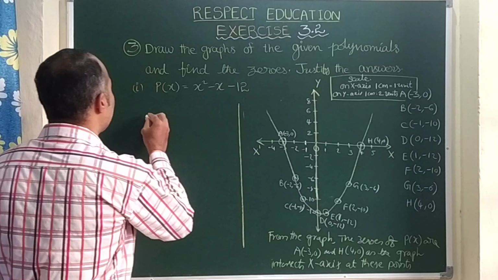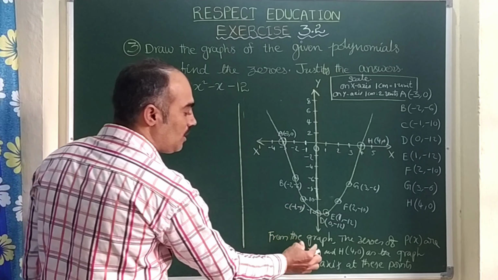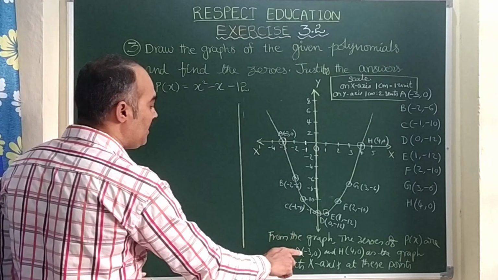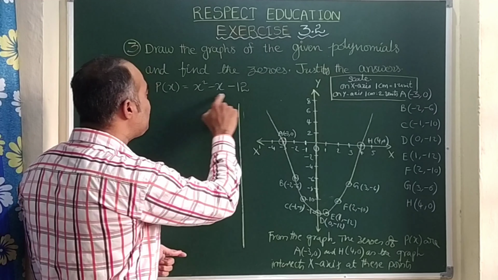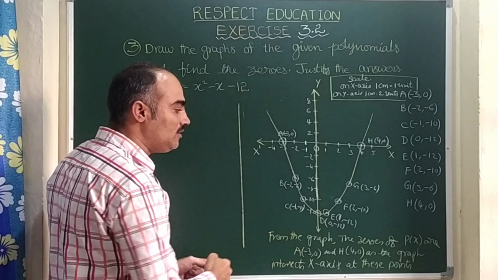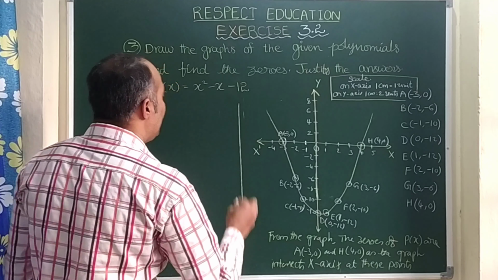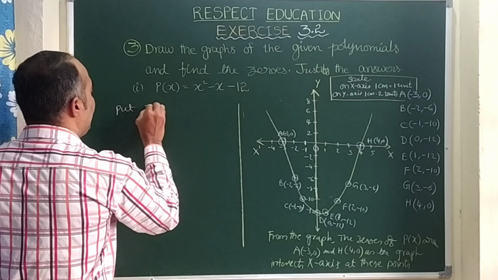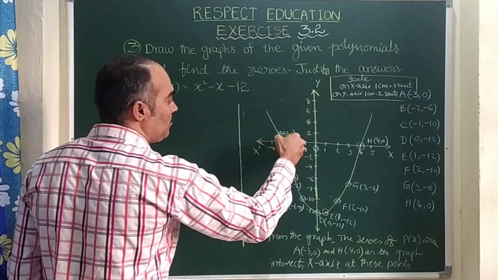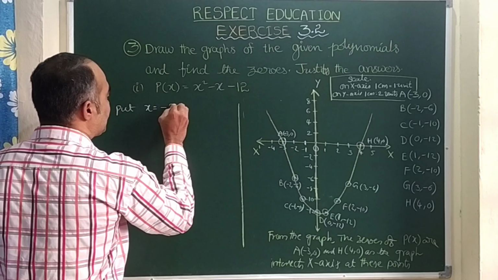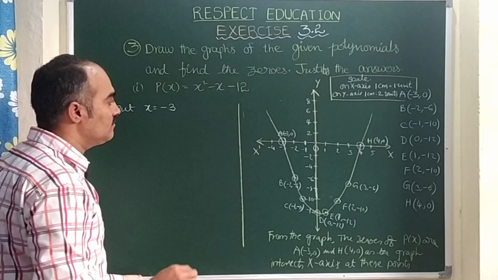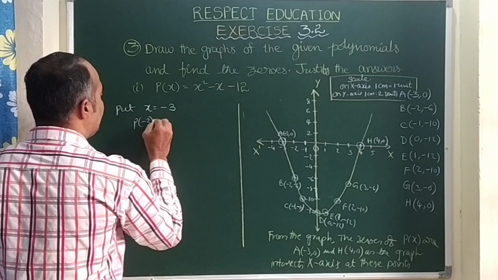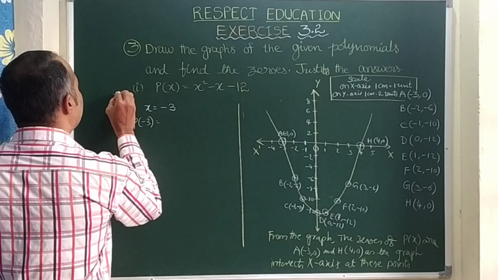So we have told you already how to verify the zeros. Substitute this value here, right? If you make this polynomial 0, then definitely that is a zero, right? Now here let us write, put x equal to -3. So you substitute the value here. P(-3) is equal to, here this is justification.